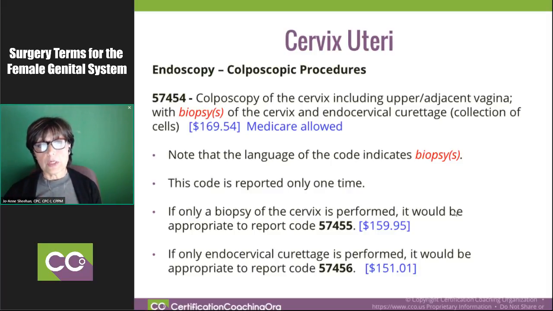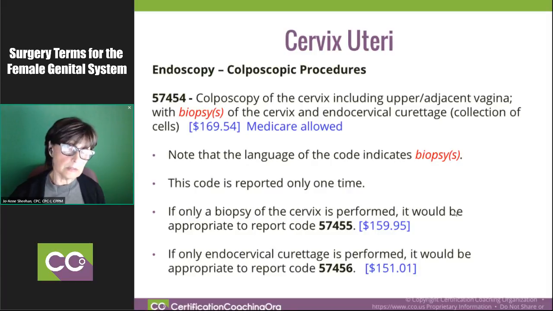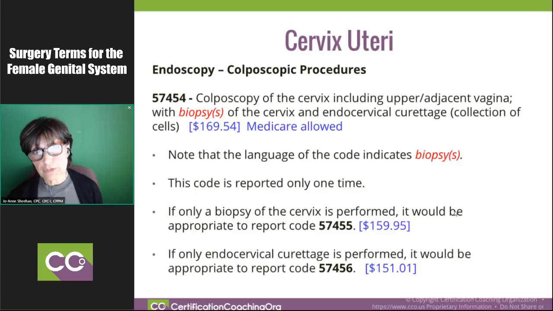Just to give you an example, for this code, Medicare allows $169.54. So between Medicare's payment and the secondary payer, if there is one, at 20%, the doctor should receive $169.54 in total for this procedure. But again, you want to note that the language of the code indicates biopsies, so you would only use this code once.